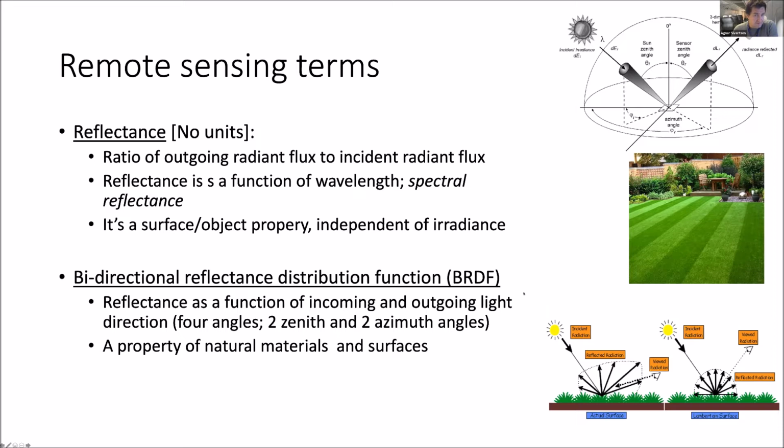It's a function of wavelength, and we often refer to it as spectral reflectance. And reflectance is a surface or object property, and it's independent of irradiance. So we often want to convert our radiance measurement, which we get from the spectrometer directly, to reflectance.